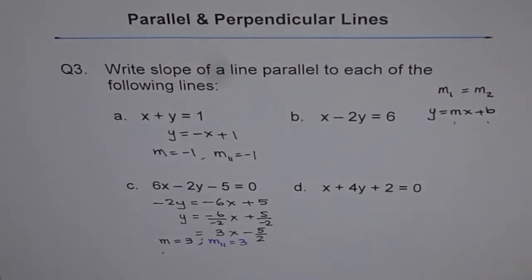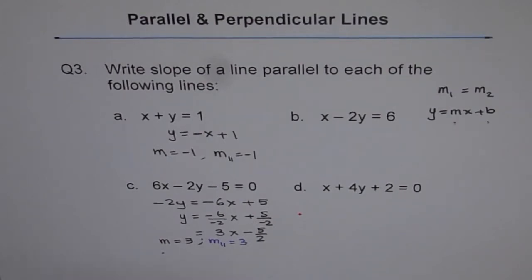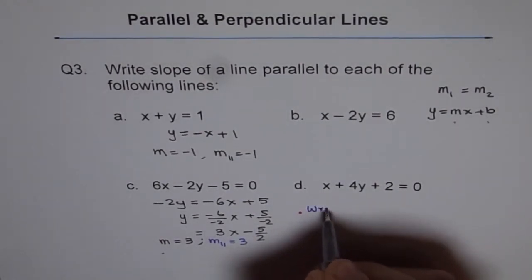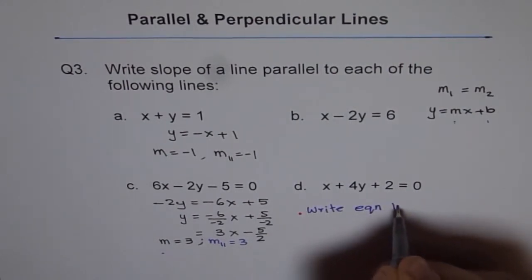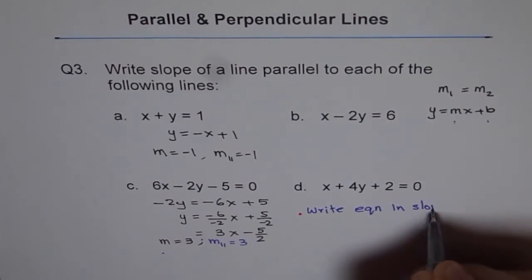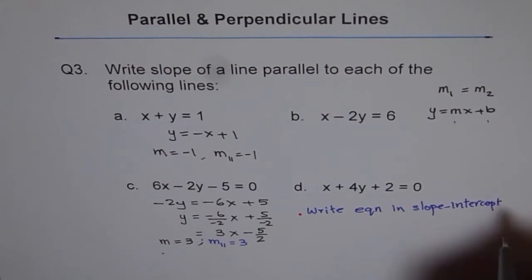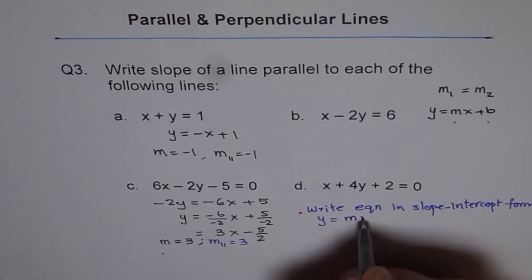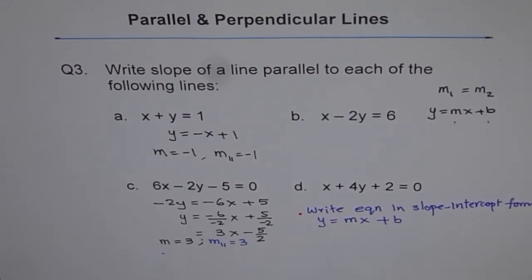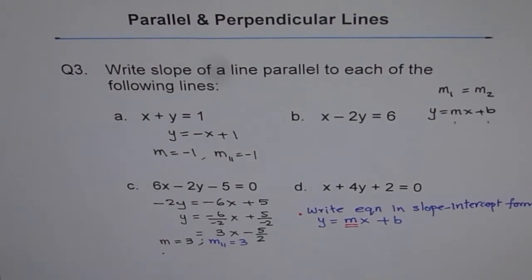Step number 1, which you need to do here, is write the equation in slope-intercept form. That means y equals mx plus b. And then your answer is m. That is the slope of a line which is parallel to the given line, correct?